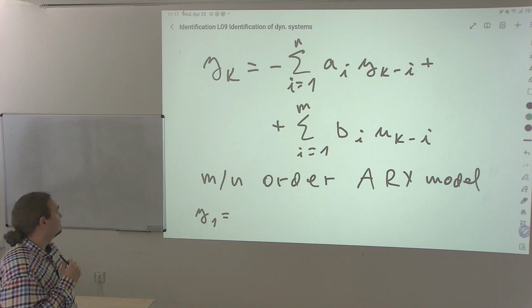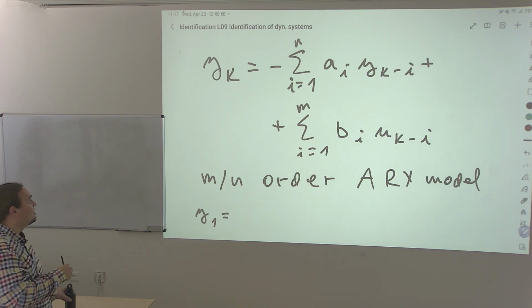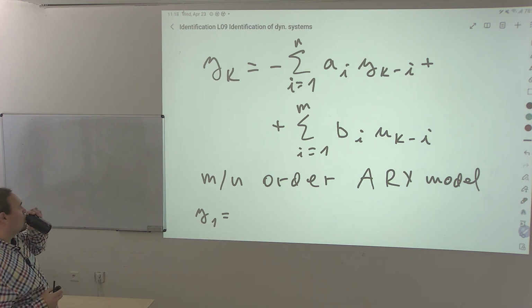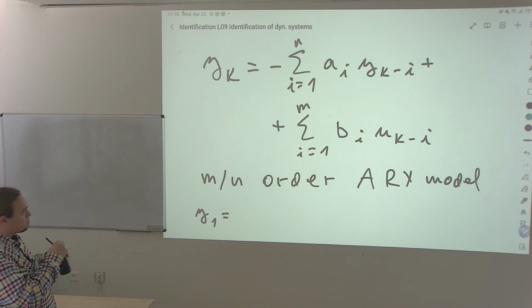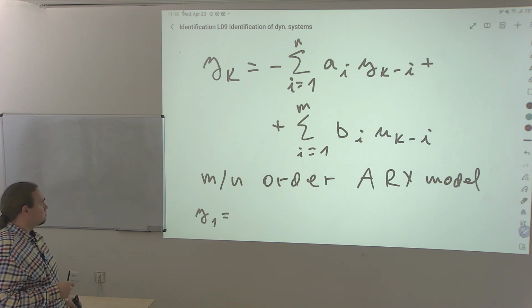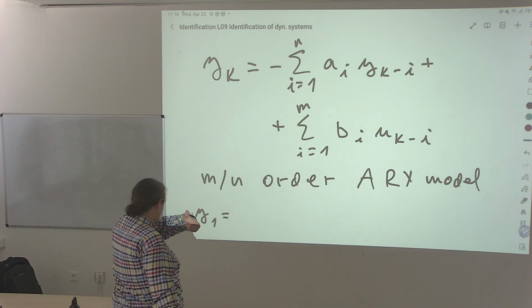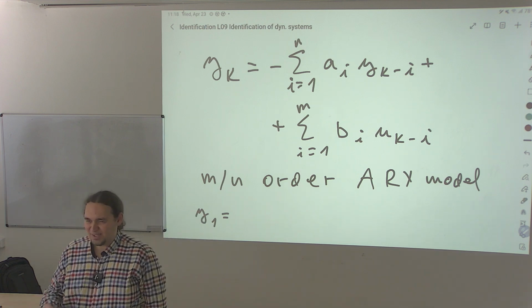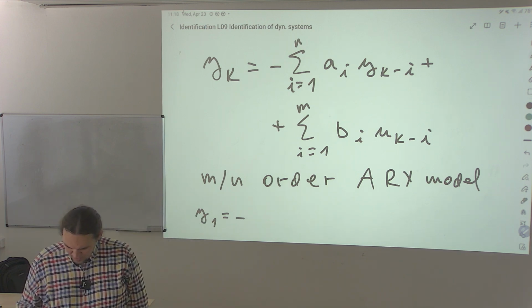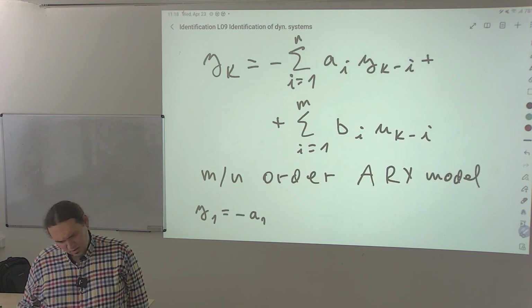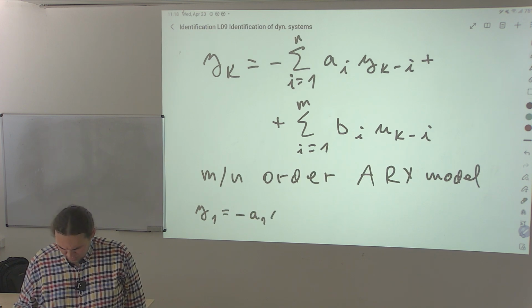So what will be the first term? Exactly. Minus A1, Y, which one? Y0, Y0.